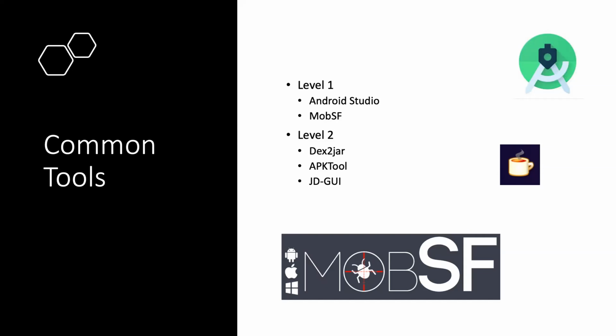So if you're more familiar in the Java world, dex to jar is going to be able to disassemble your Android application into Java, which can be a lot friendlier, especially if you end up with an application source code in a language you don't feel comfortable with. You can always disassemble it back to maybe Java if you are more familiar with that. And the other tools listed there all go towards that disassembly.